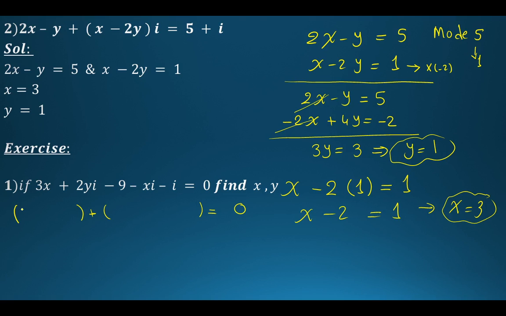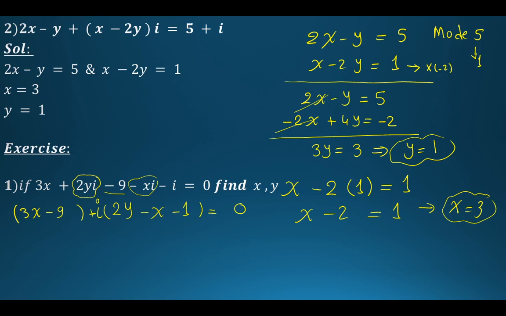Here the real parts are 3x and negative 9, because there is no I next to each of them. But the imaginary parts are 2yi, negative xi, and negative I. So we will write I in front of the bracket to say that this is the imaginary part. So we write 2y minus x minus 1 equals 0.